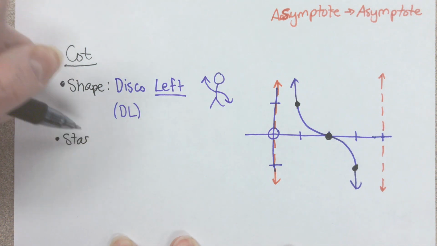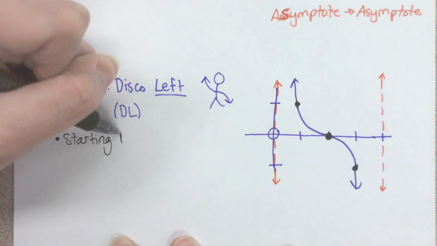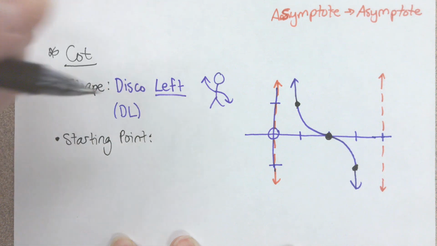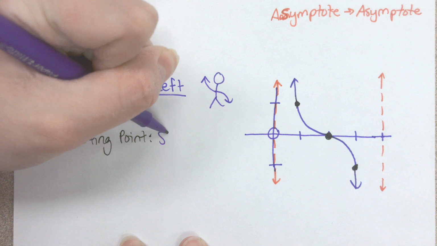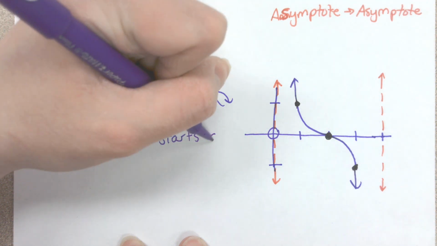And the starting point is different. Starts at the asymptote.